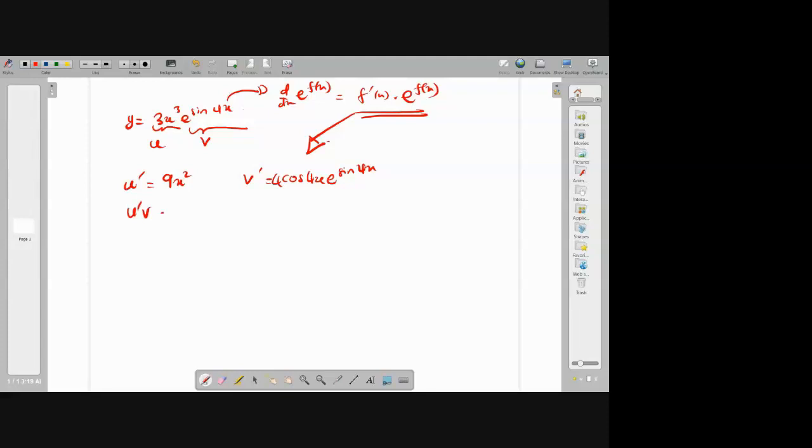So u prime v plus v prime u. So 9x squared times v, plus v prime, which is 4 cosine 4x, times u. So we can simplify this. Can you simplify this?